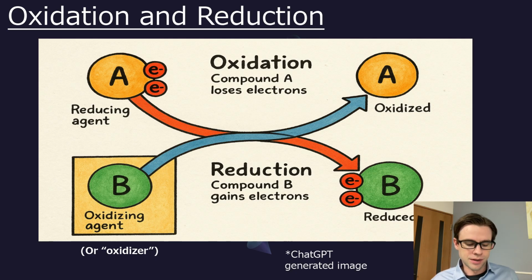And this is the part where a lot of people usually get confused, is on the left here. If A was oxidized, it began as a thing which can reduce something else, a reducing agent. Agent just means thing or thing capable of doing something. So a reducing agent can undergo oxidation and become oxidized.